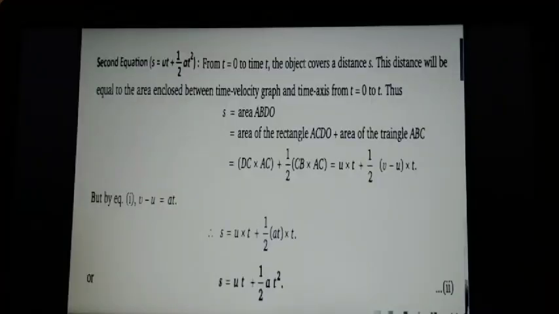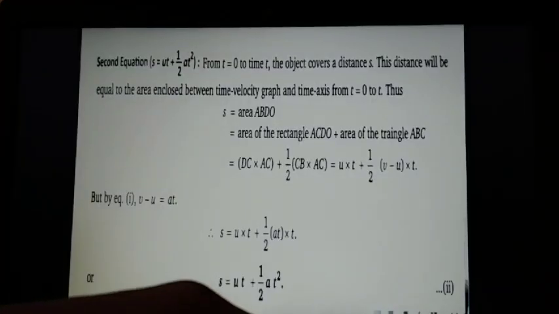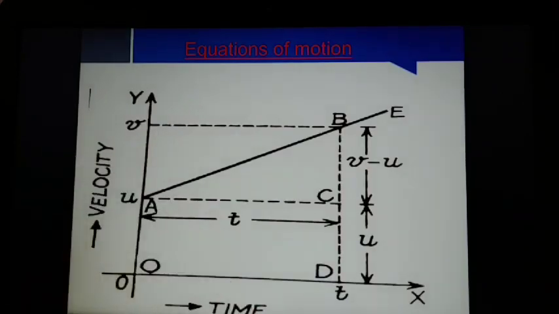Okay, so here, for the area under the velocity time graph, you can take the total area ABDO, and you can split that total area into two areas: the area of rectangle ACDO plus the area of triangle ABC.